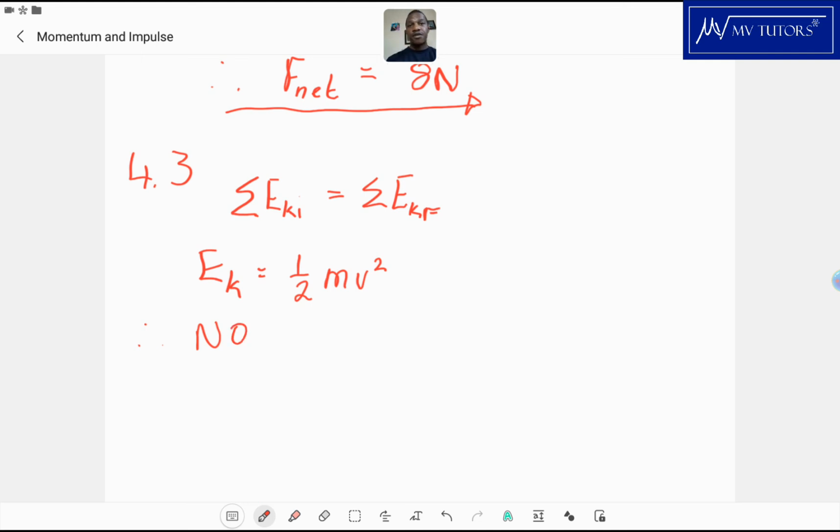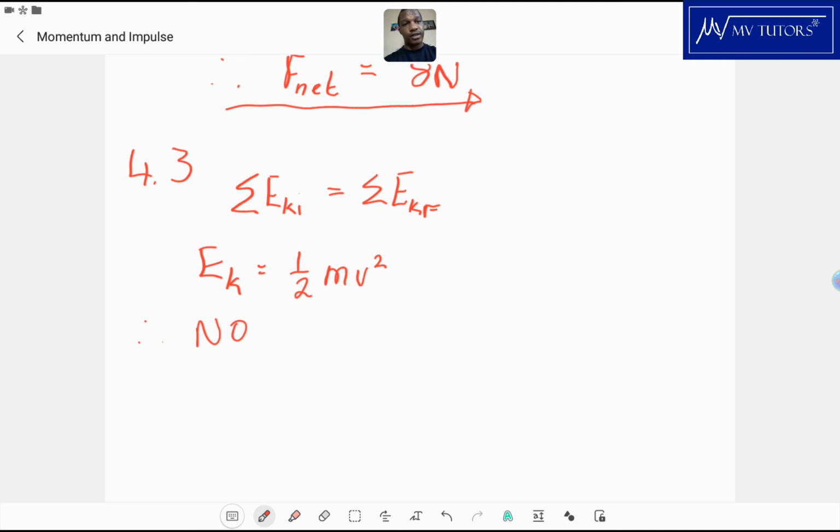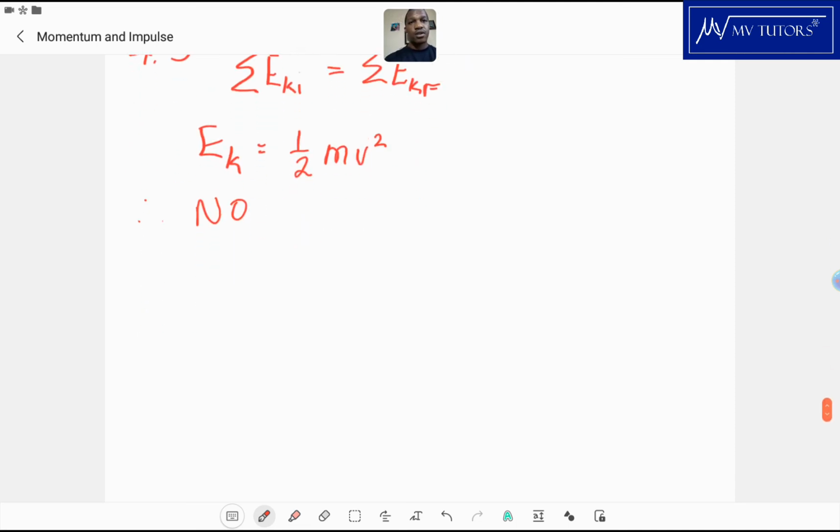But even though they said we must just say yes or no, I want us to calculate it just to confirm it, because the purpose of this tutorial is also to go beyond the scope. So let's actually calculate it.